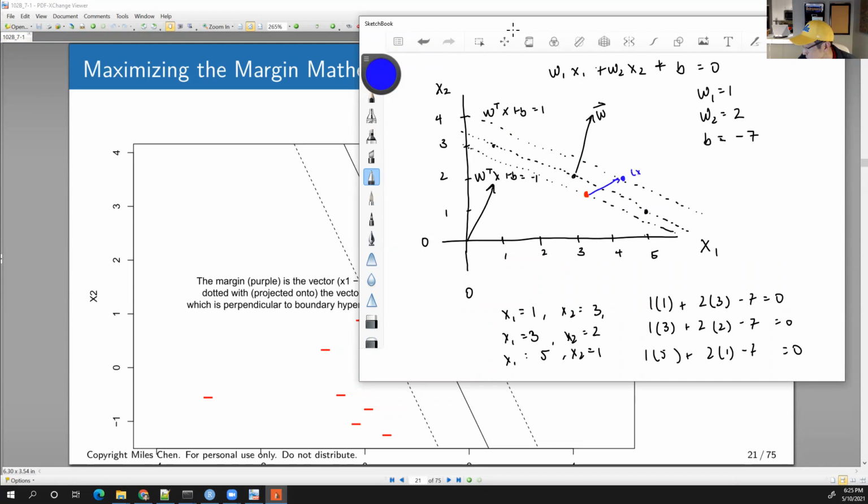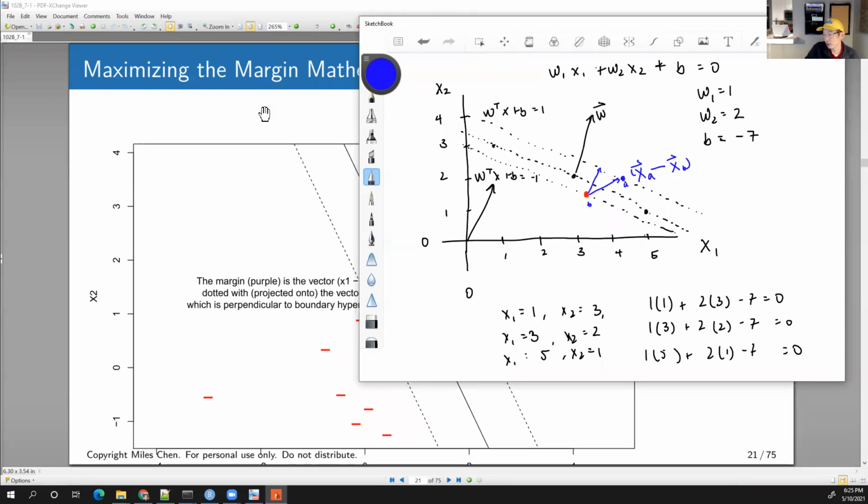This is the vector x1 minus x2. This is confusing, so I'm going to call this xa minus the vector xb, so we'll call these a and b. And if we dot that with this directional vector w, then we would get the margin.